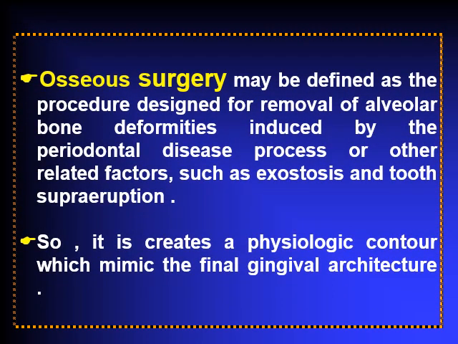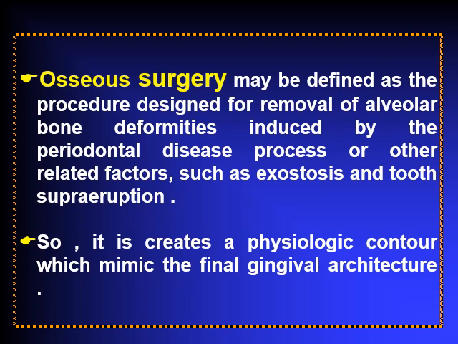First, we have to know the definition of osseous surgery. It is defined as the procedure designed for removal of alveolar bone deformities induced by the periodontal diseases or other related factors such as exostosis and tooth supra-eruption.